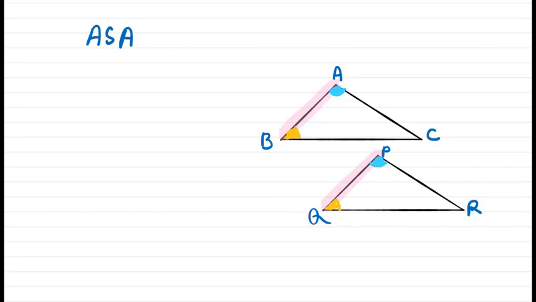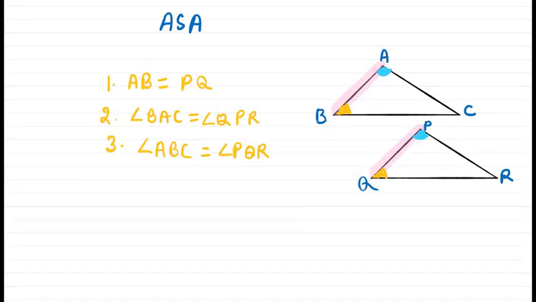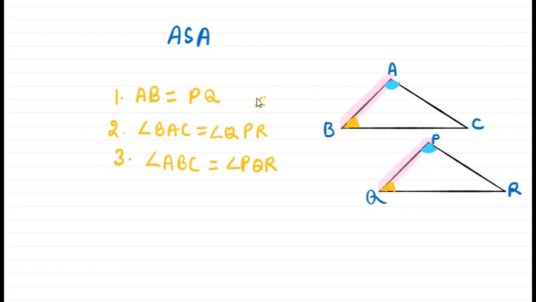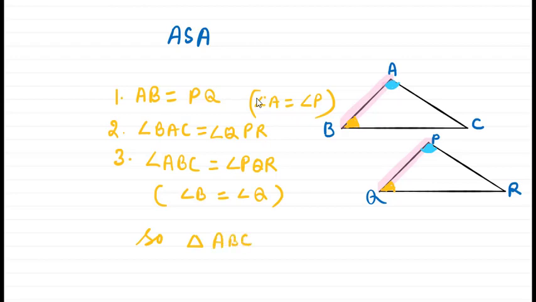Like in the previous one, you can write it like this: AB equals PQ, angle BAC equals angle QPR, and angle ABC equals angle PQR. You can also simply write the second as angle A equals angle P, and the third as angle B equals angle Q. Then you can say the triangle ABC will be congruent to triangle PQR by ASA.